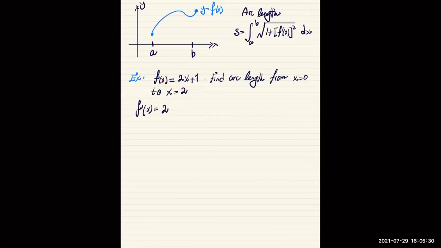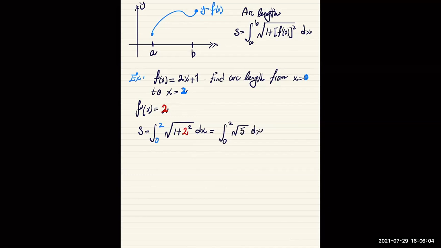Okay, so you just do s equal to the integral from 0 to 2 times the square root of 1 plus the derivative squared. Here's the derivative. Let me write it in red. 1 plus 2 squared dx. Okay, so you get the integral from 0 to 2, and that would be just square root of 5 dx.